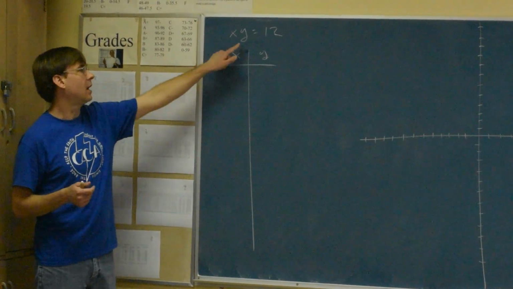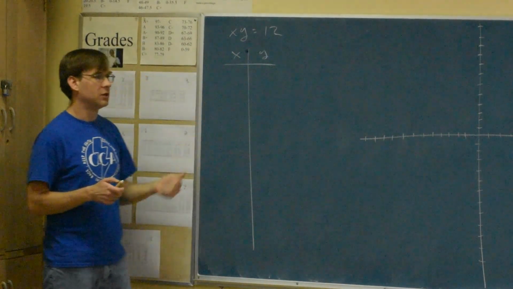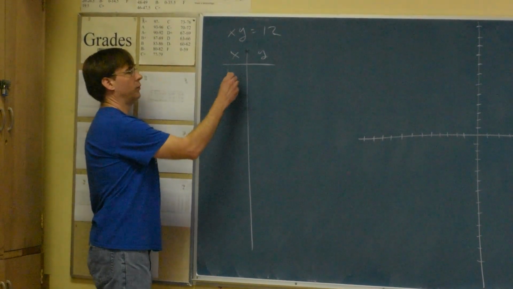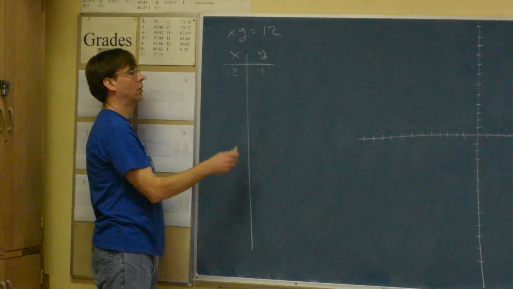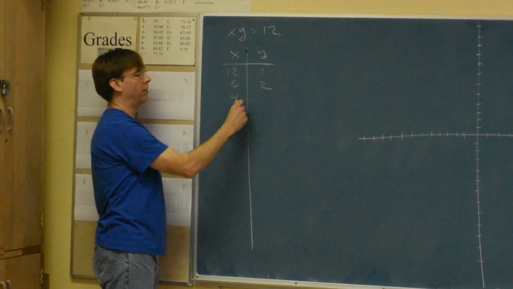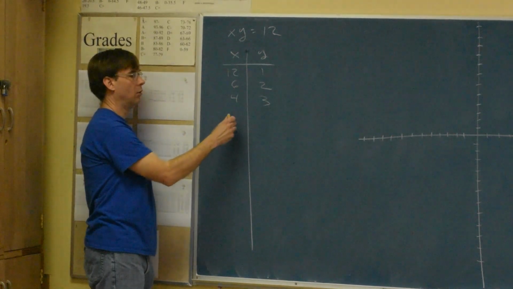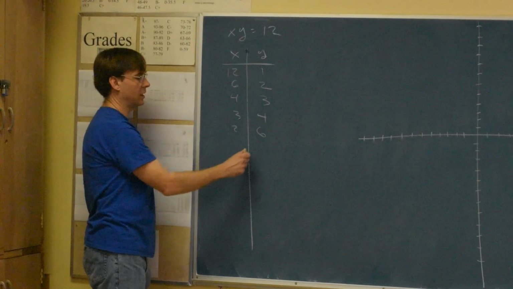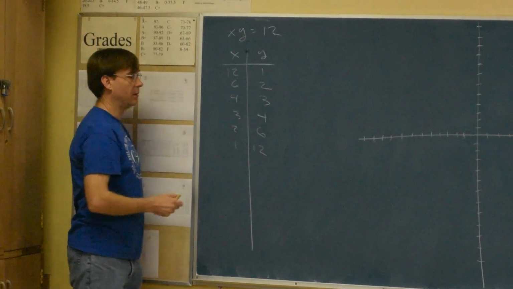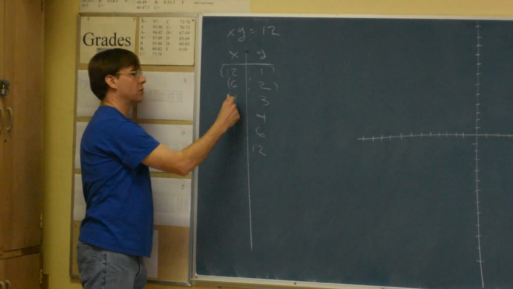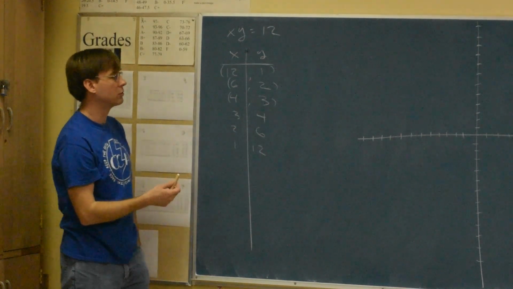Okay? If x times y is 12, just think of numbers that can make 12. Like 12 times 1, or 6 times 2, or 4 times 3. Or the reverse of those, 3 times 4, 2 times 6, 1 times 12. Envision all of those like they're ordered pairs. Just graph those.